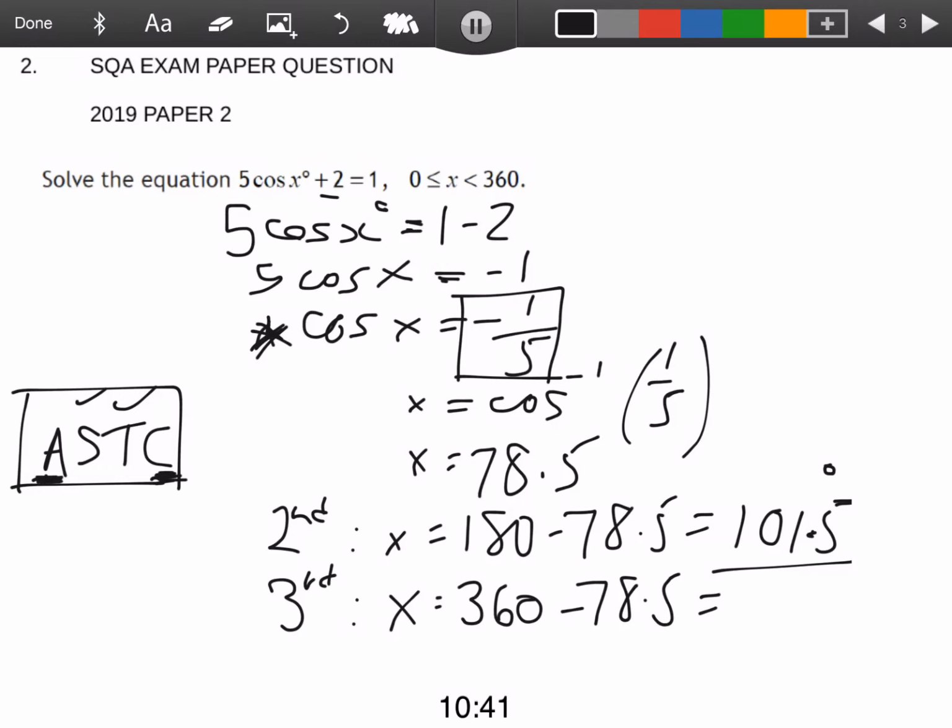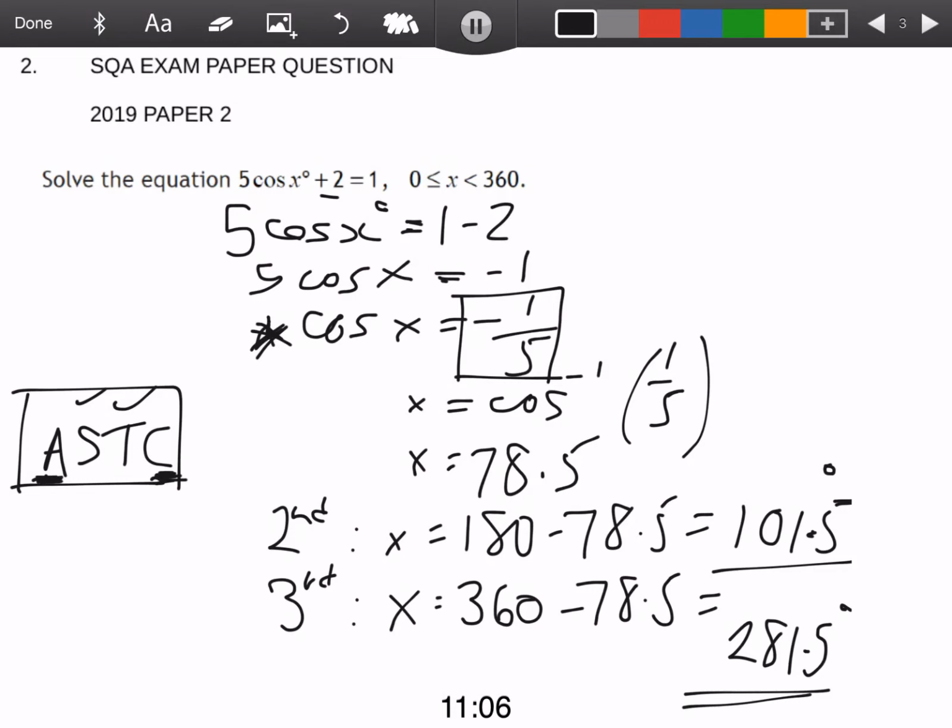And your other one, 360 take away 78.5. Oh dear, what am I doing? Take your time with the calculator. I know we should be able to do this in our head. 281.5 degrees.